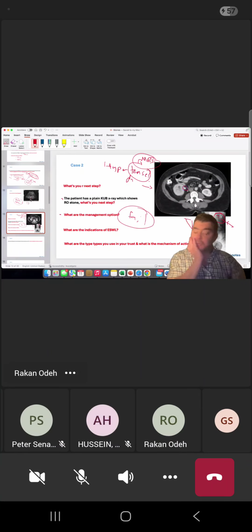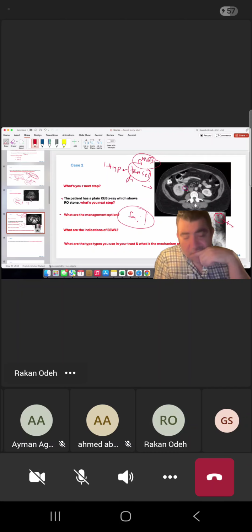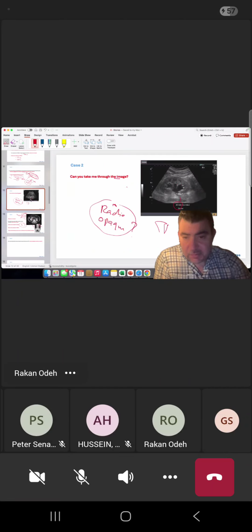Rakan, this case may be confusing between recurrent UTI and loin pain, because we are today in a stone session, so that's why we will speak about it. But imagine this case in the exam. You will be confused between the age of the patient, recurrent UTI and the loin pain.